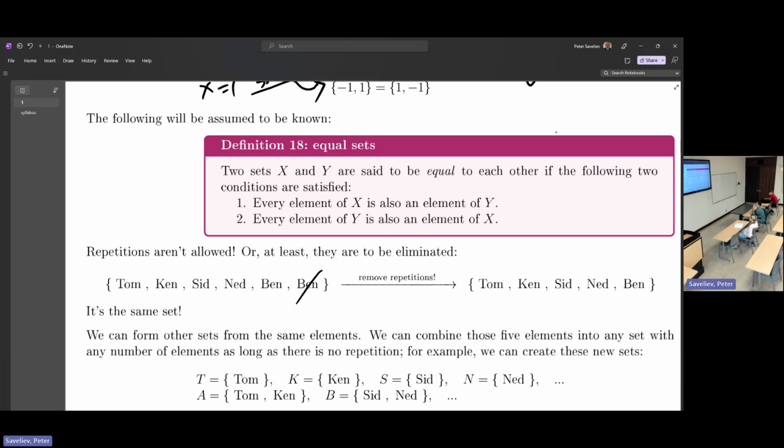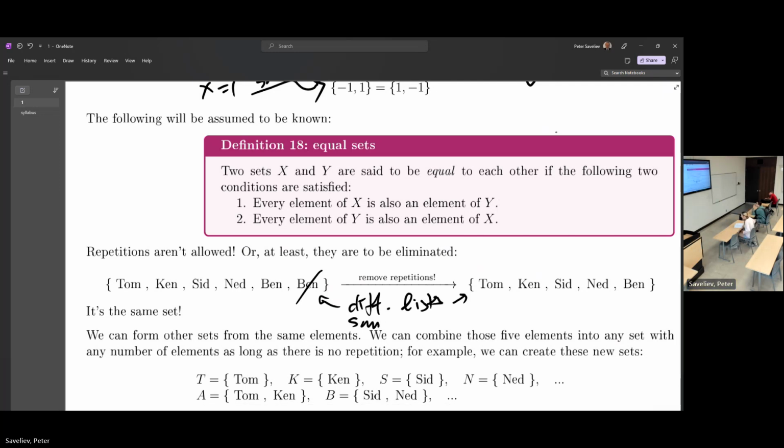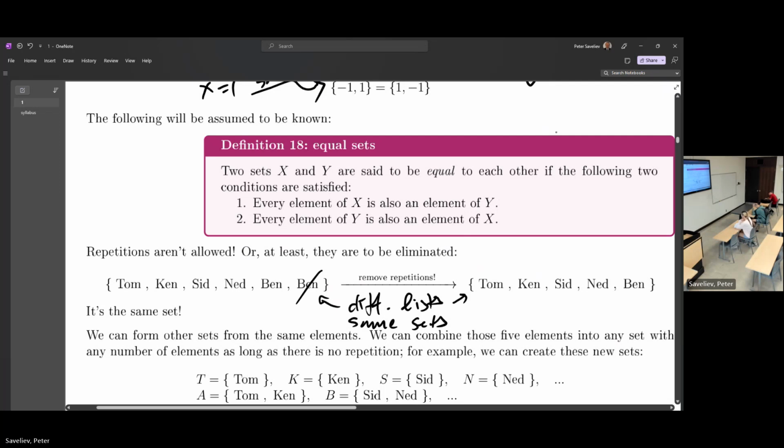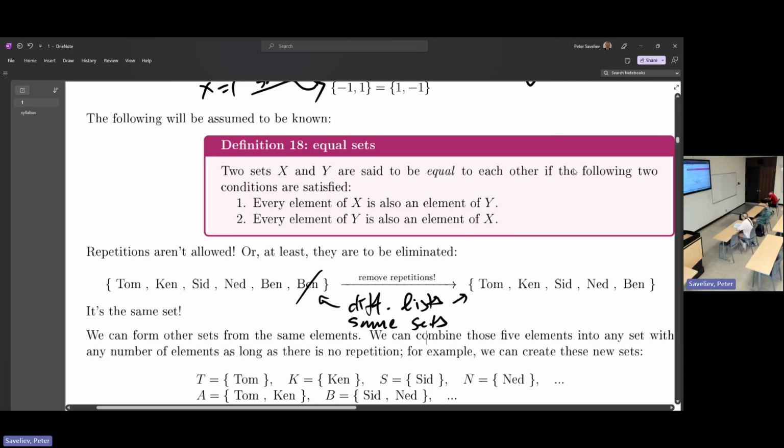So in other words, the point was made once again: different lists, same sets. Even though the one on the left is not the way we do it. We don't write sets with repetitions and just say that it's okay. It's not, but that sometimes happens.